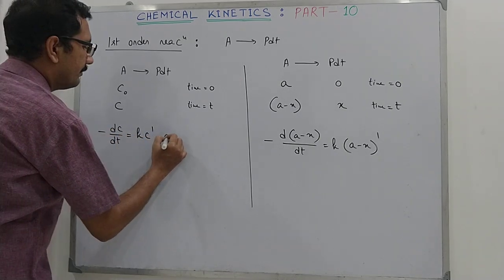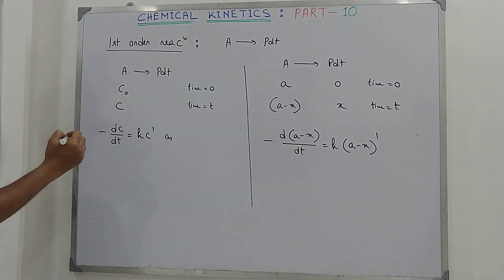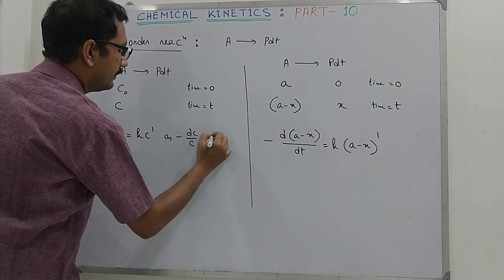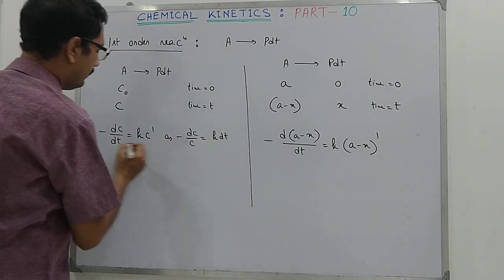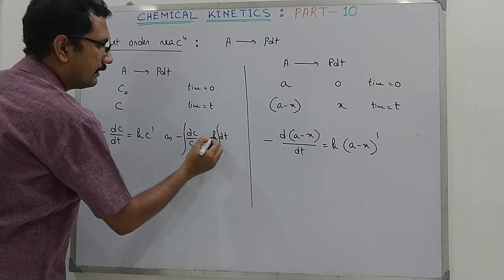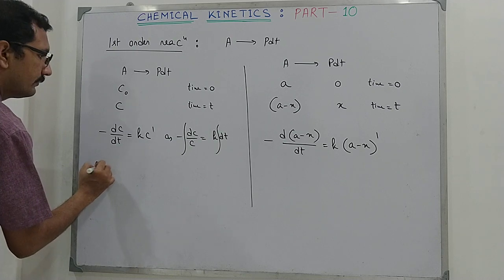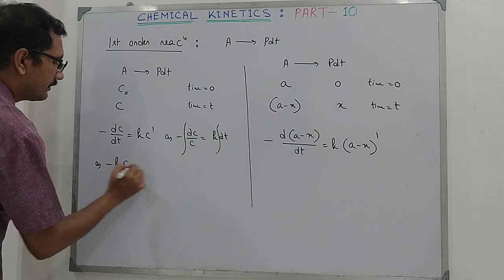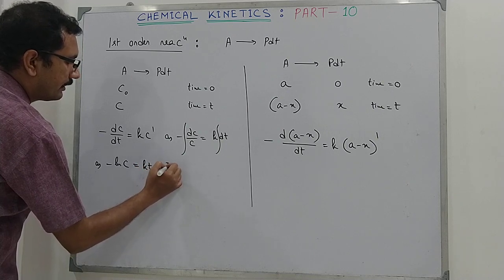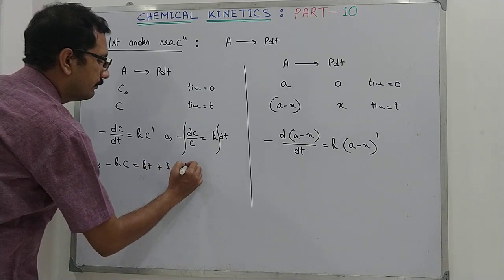Now here we have integrated in the video part 7, and this is just a simple rearrangement, and integrating, this is constant, it comes out, we have minus ln C equals kt plus integration constant.